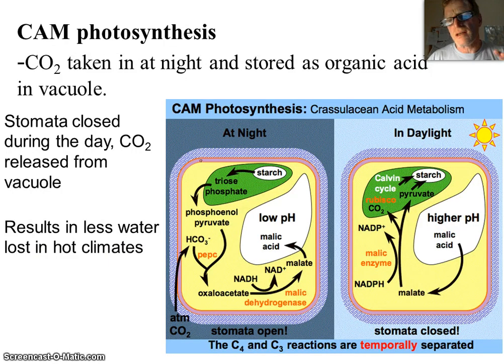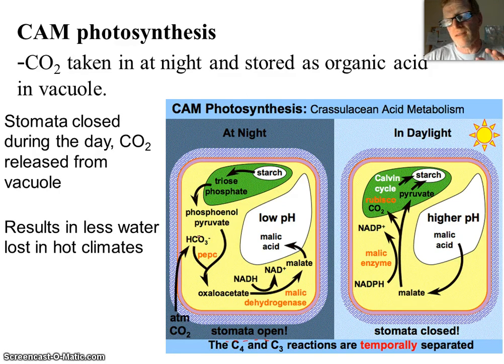Other plants, instead of physically moving the carbon to a different part of the plant tissue, will just switch off and on when they open their stomata. This is called CAM photosynthesis. We see this in pineapples and other tropical plants. What they do is open stomata at night and take carbon dioxide in.